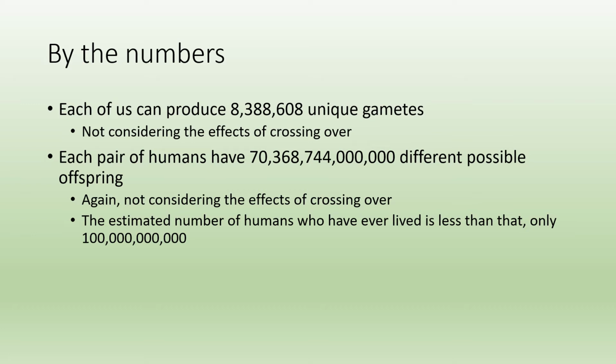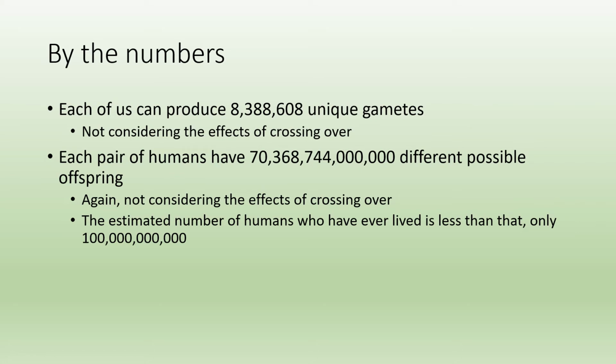Wow. So if a man can produce over 8 million unique gametes, a woman can produce over 8 million unique gametes. They get together and have an offspring. Look at the size of that number.